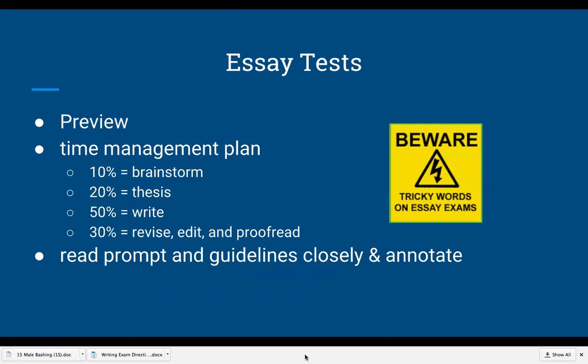When you sit down to write an essay exam, it's good to, first of all, preview the prompt, read the prompt and the guidelines very closely, and make any annotations that are necessary. Sometimes essay prompts will be asking you three questions, but they don't have question marks, and it looks like one giant question.